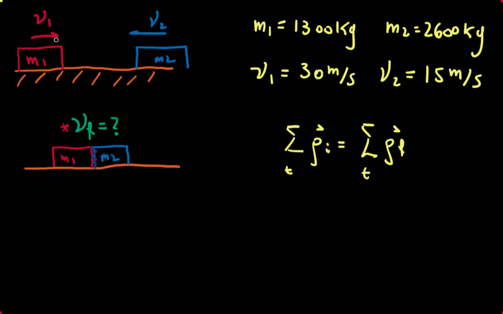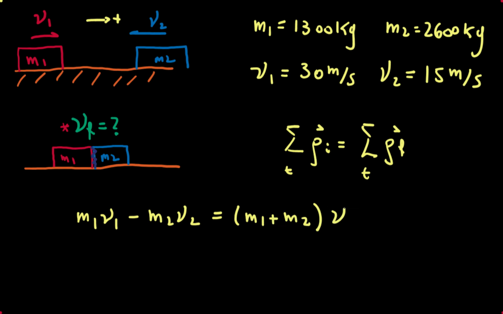There is a momentum 1 to the right, momentum 1 to the left. This means that I have mass 1, velocity 1, minus mass 2, velocity 2. Again, this is the sum of both momentums, and I already accounted for the fact that I called this direction the plus direction. Then this needs to be equal to, now these are together, you can sum them up, mass 1 plus mass 2, velocity final.